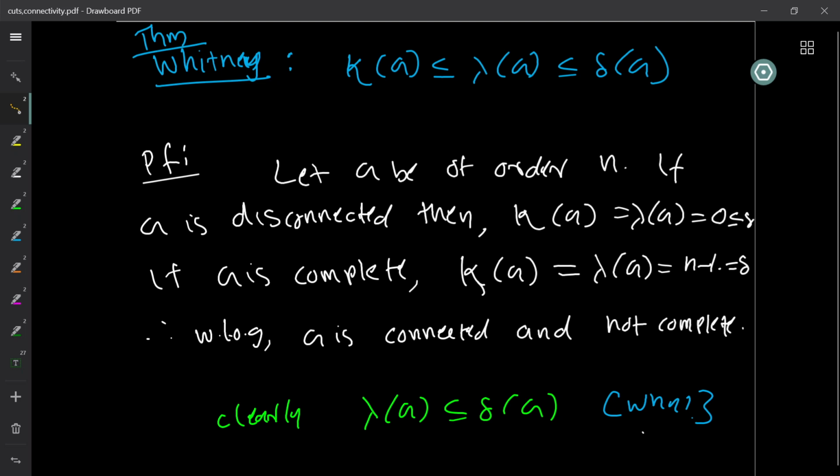You have to actually prove that for a complete graph, the edge connectivity is equal to n minus 1, which I have not done here, but it would be a nice exercise. So take it as an exercise and prove that if the graph is complete, then its connectivity is actually equal to n minus 1. There is no smaller cut. Now, without loss of generality, we can assume therefore the graph is connected and not complete.